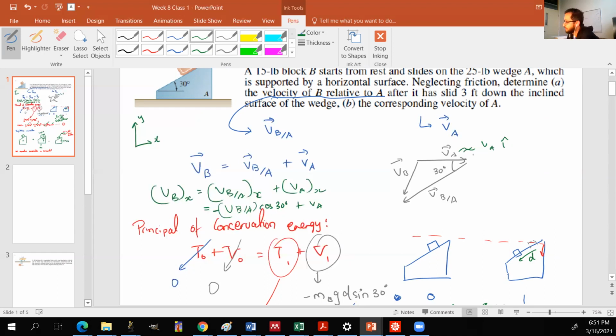All right, and then with this additional unknown, I can get another expression just equating the velocities from this triangle. For these magnitudes, I can use the law of cosines, and I can say that VB squared is equal to VA squared plus VB relative to A squared minus 2 VA times VBA times cosine 30 degrees.